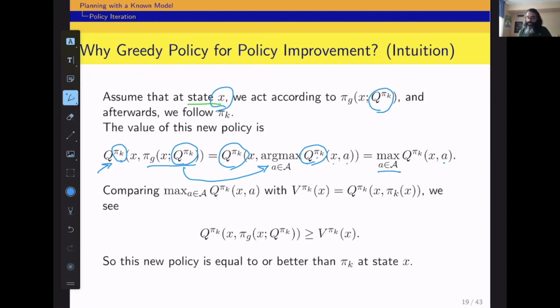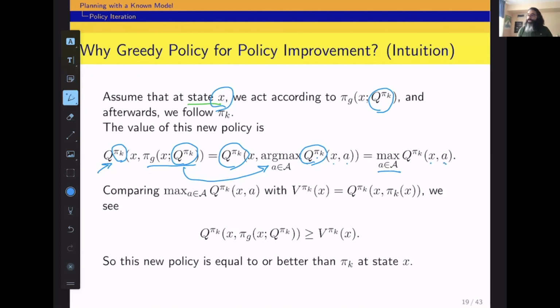These two things are the same. So the value of this new policy that I described, one step greedy and the rest pi k, is equal to the maximum of q pi k at state x and a.